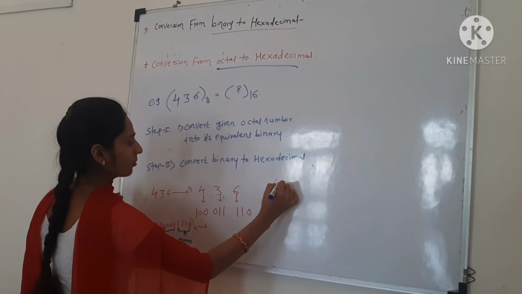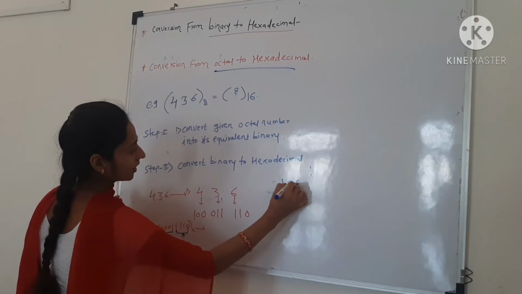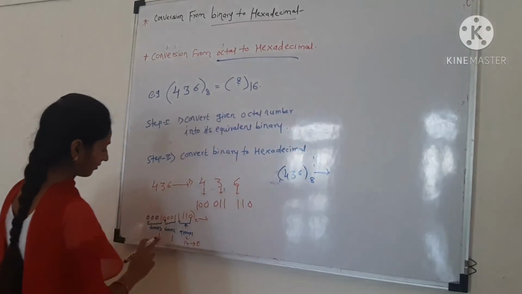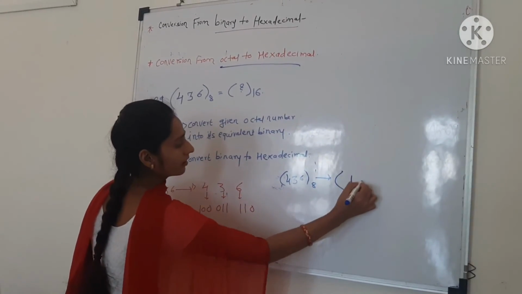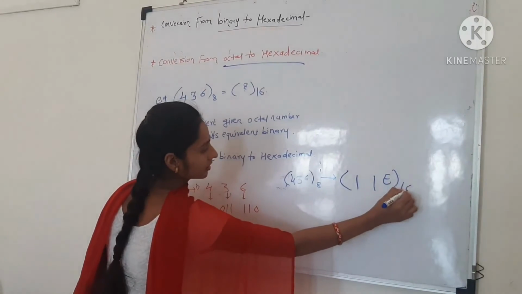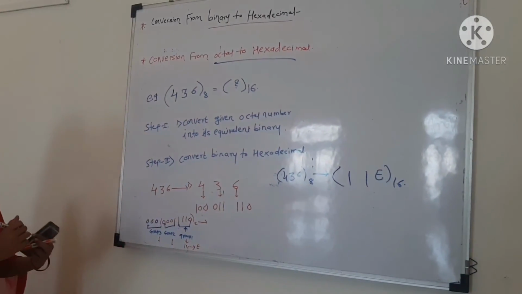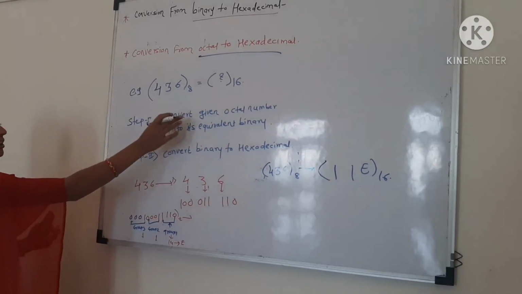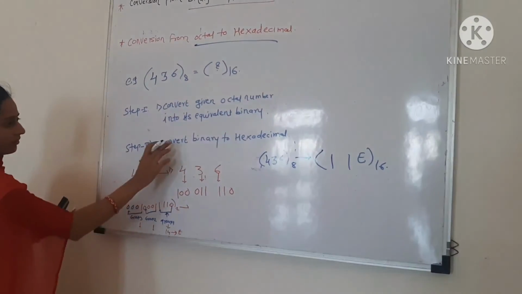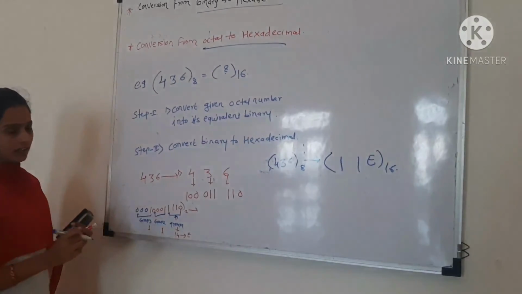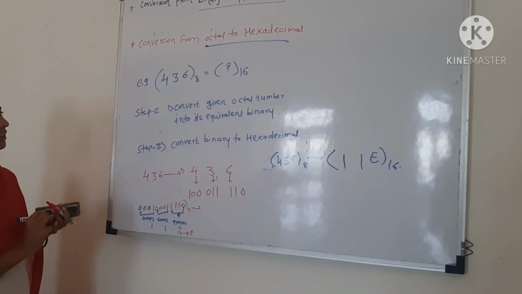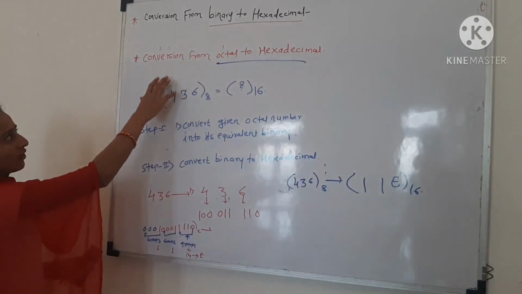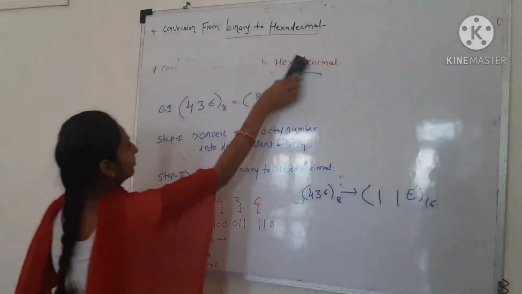The final answer is 436 to the base 8 equals 11E to the base 16. In this conversion we are doing two conversions, firstly octal to binary and after that binary to hexadecimal. So this is our octal to hexa, completing the conversions of the octal number system.